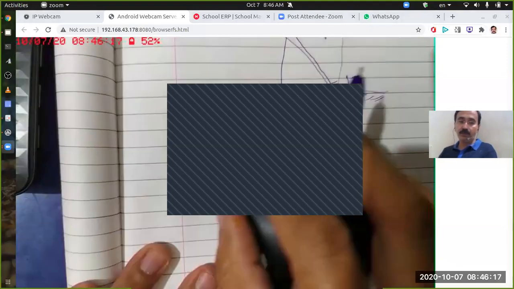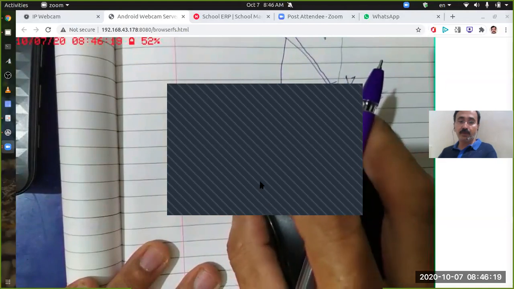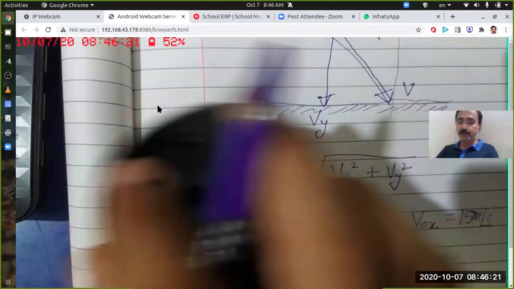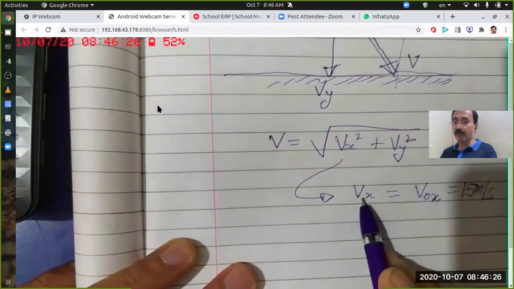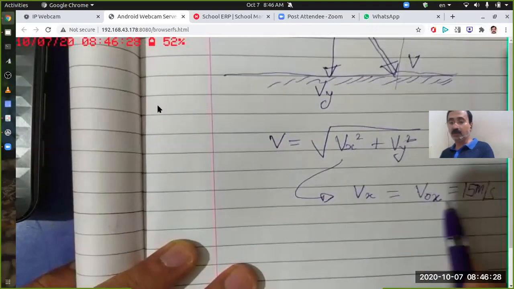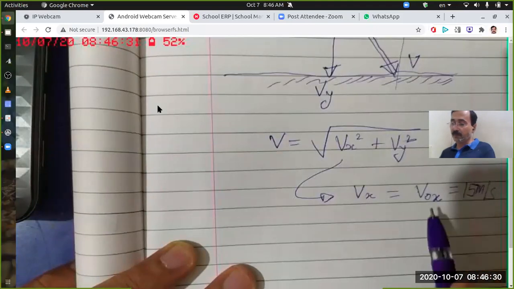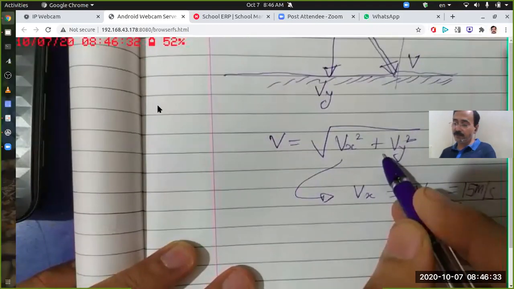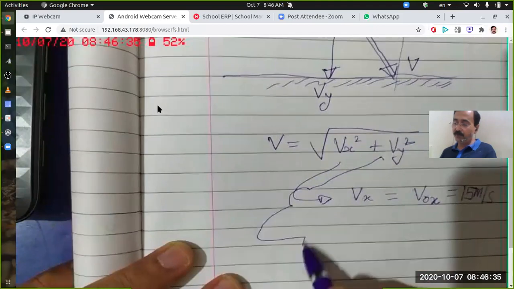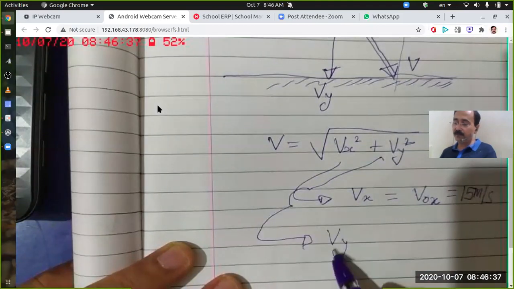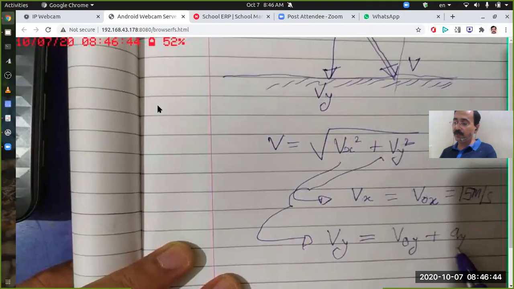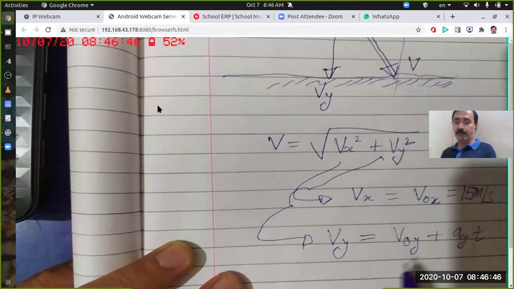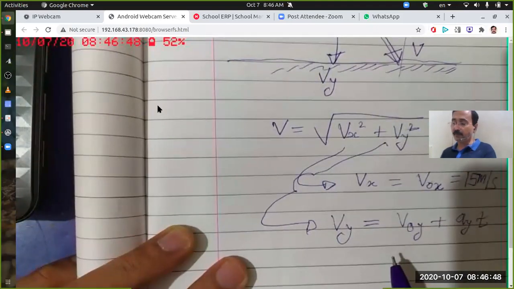So initial speed is same as final speed. Horizontally velocity does not change. Then how will you find vy, the final velocity? Can I write v0y plus ayt?